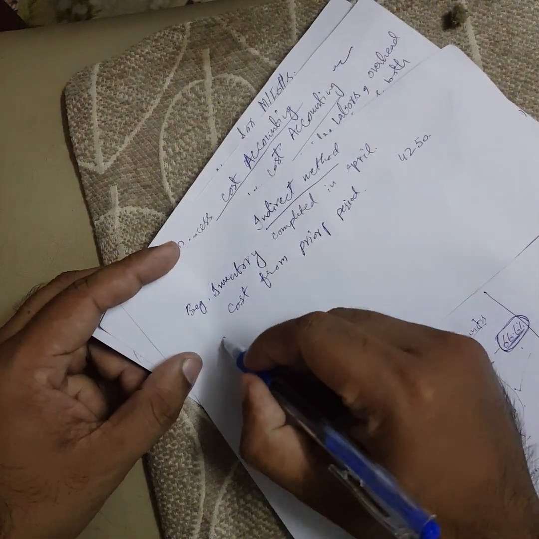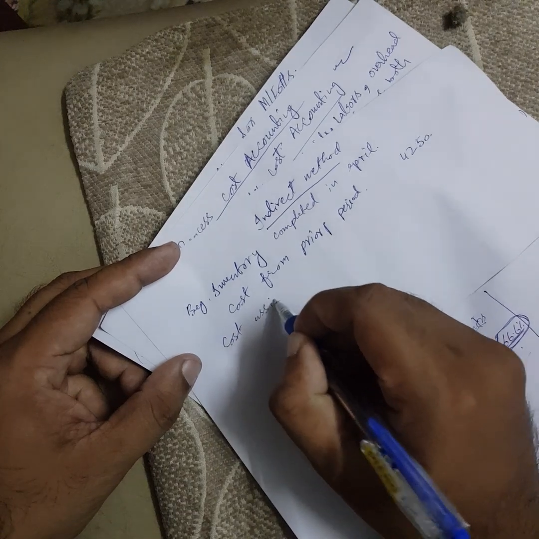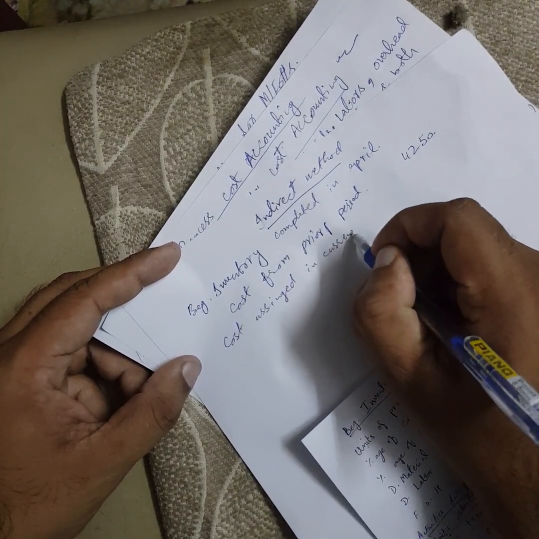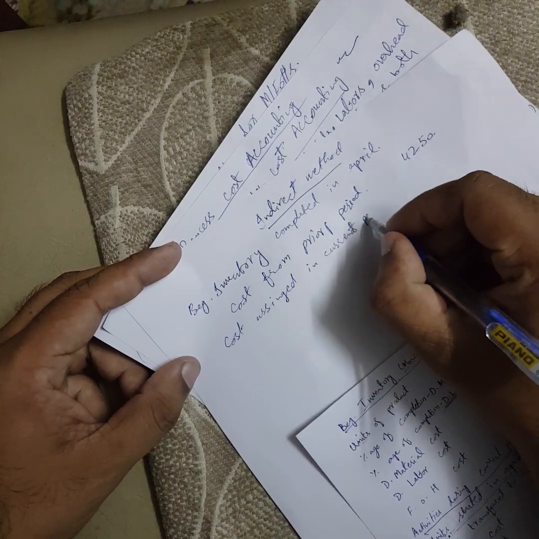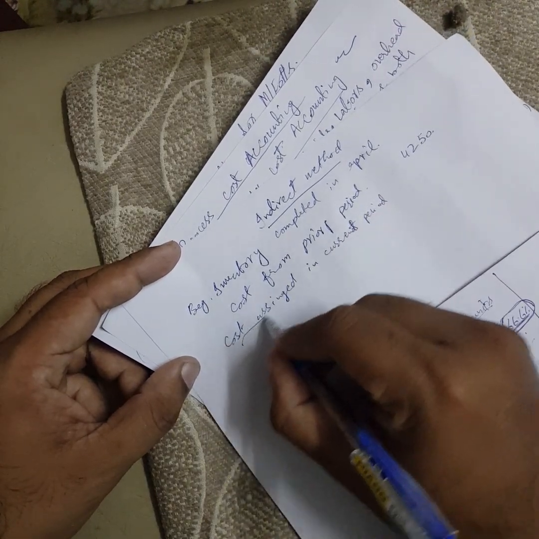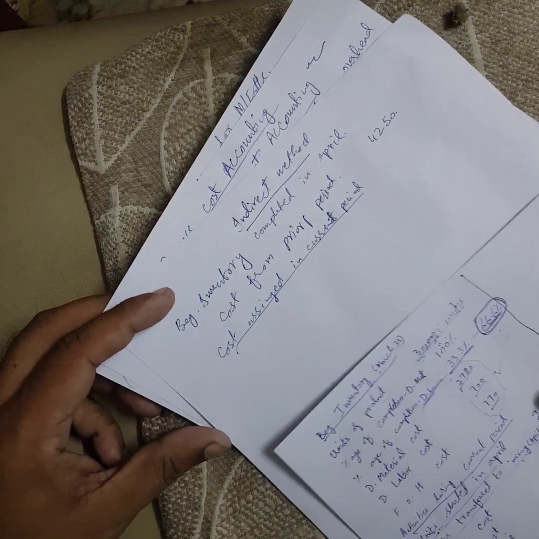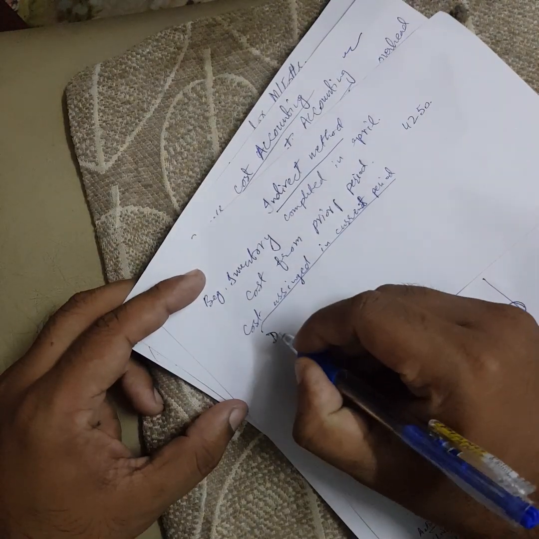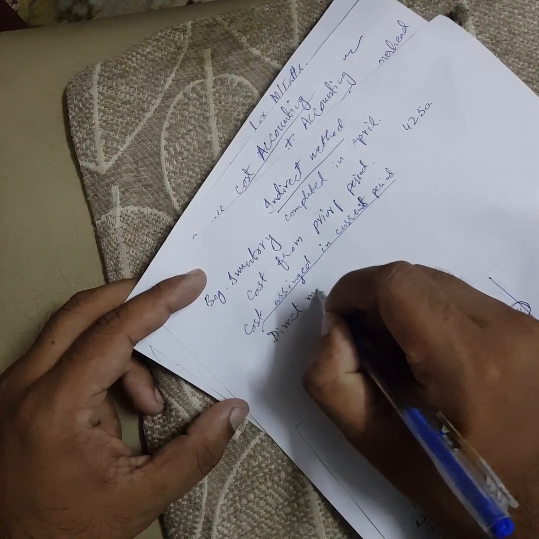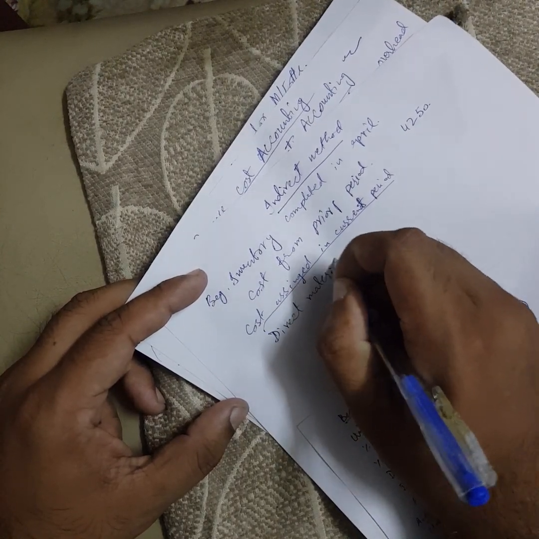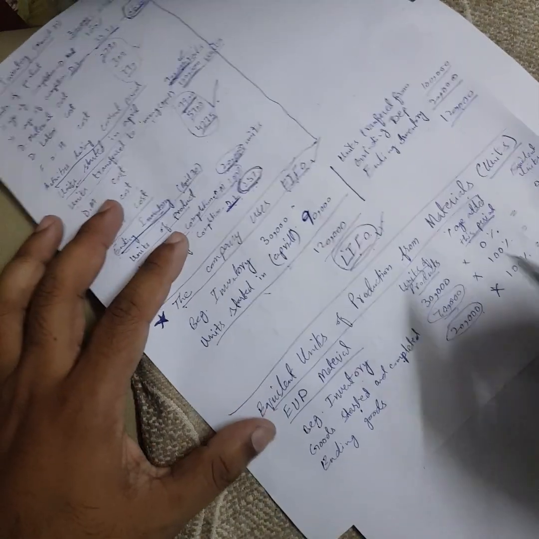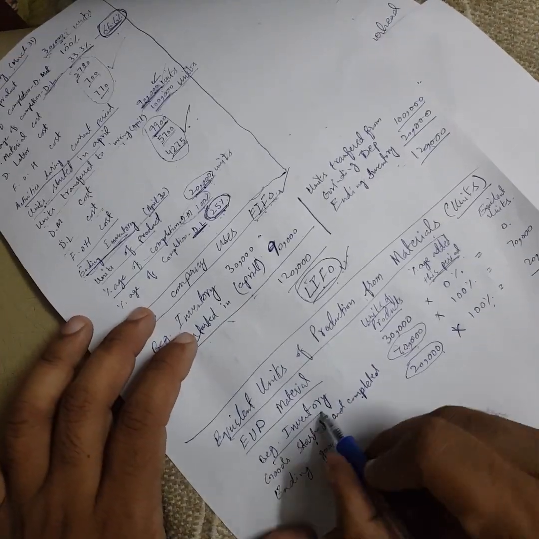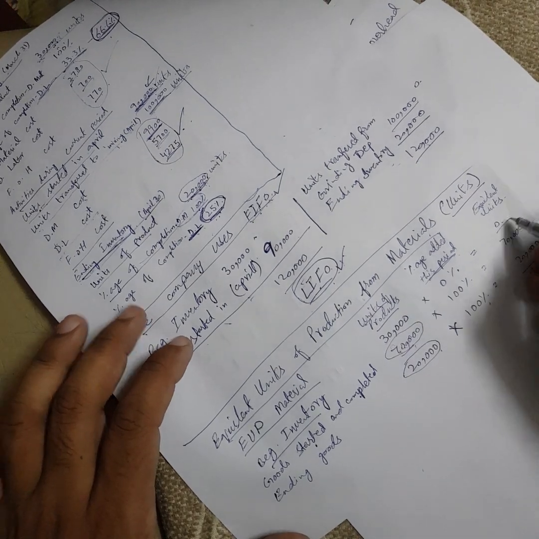Then cost assigned in current period. For direct material, we go to check that equivalent unit of production from material for beginning inventory were equal units were 0.